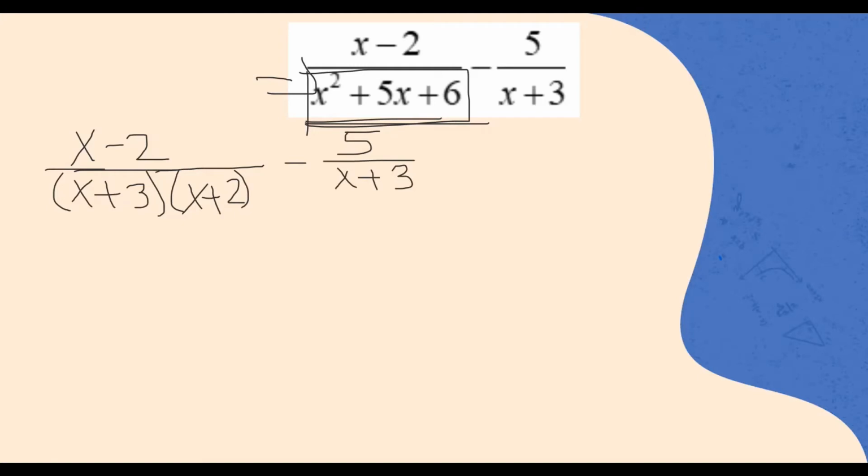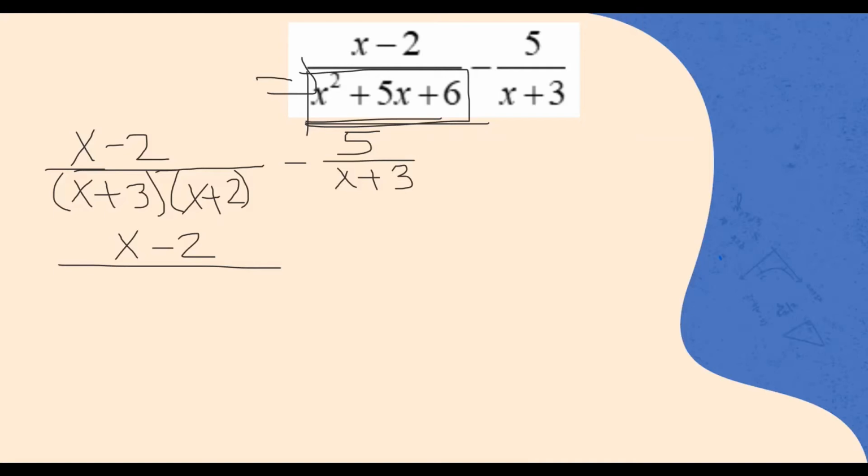So what should your next step be? Again, this is one of those rational expressions that you are being asked to simplify, but they do not have the same denominator. So you have to make sure that they do have the same denominator. What should I be doing to make sure of that?